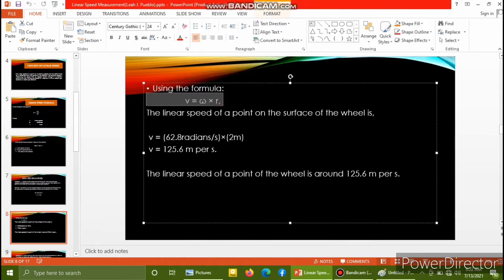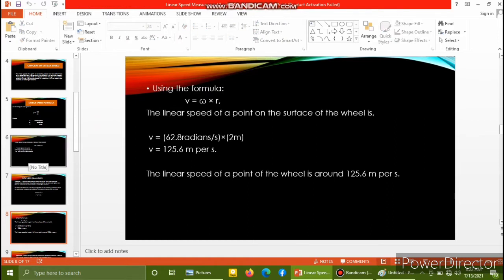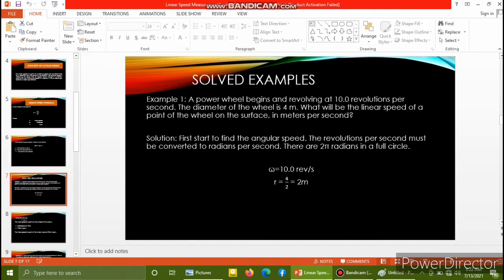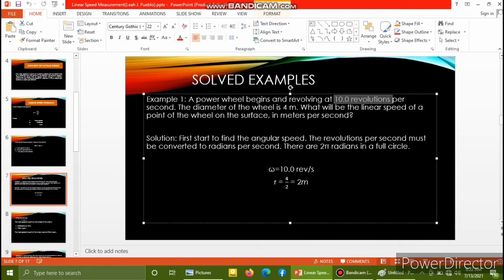But before we proceed to this formula, we have to find first the angular speed. We need to convert the revolutions per second into radians per second.